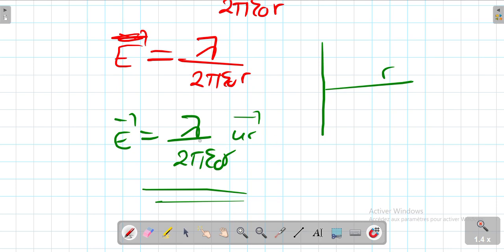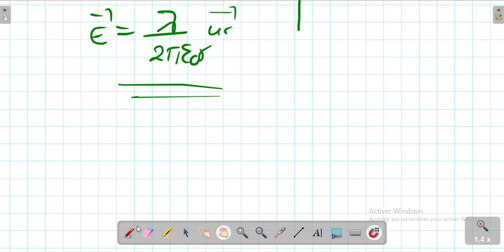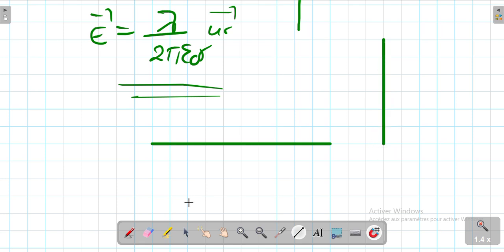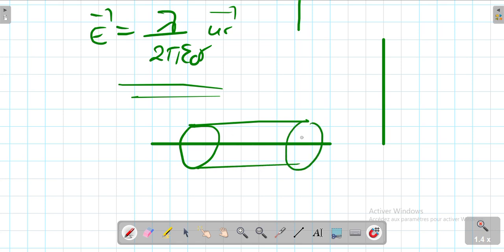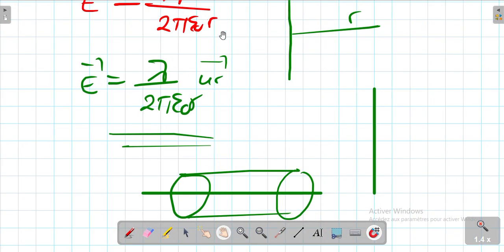The only thing that would change is when maybe we orient a wire in a different way. Let's say we put the wire in this way. Most of the times we use the first orientation, but if you put the wire this way, you're going to put a Gauss surface like this. Then you're going to see which surfaces will be equal, but the magnitude will always be the same.